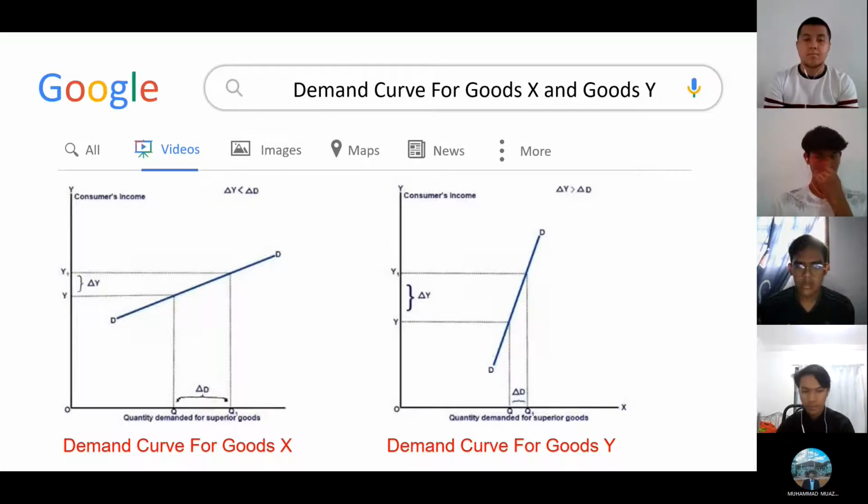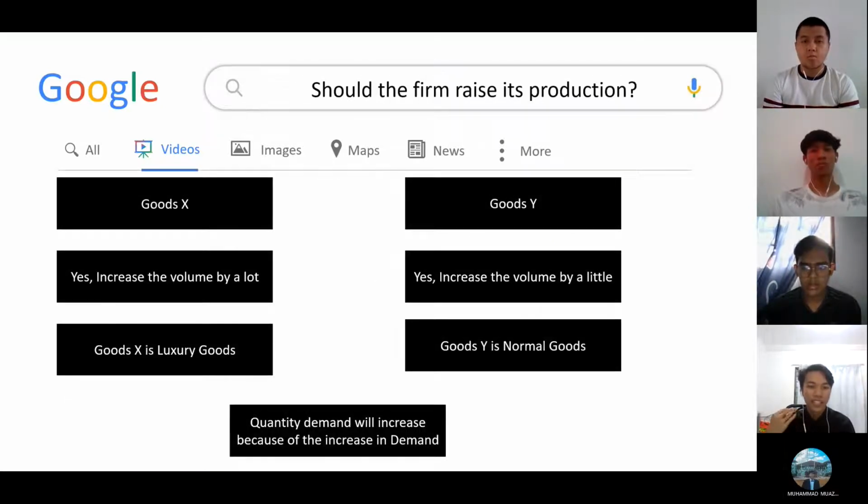So I would say that increasing production of good X will be more profitable, because good X is a luxury good, whereby people will buy it when they have more money and they will buy more. These are things that people like to buy, such as diamonds or maybe gold.